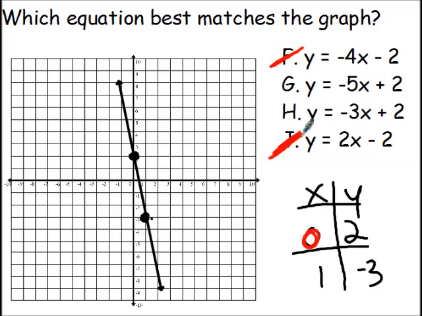So let's check G. -5 times our next x value of 1. -5 times 1 is -5. And -5 plus 2 would give us -3. So we see that answer choice G is the correct answer here.